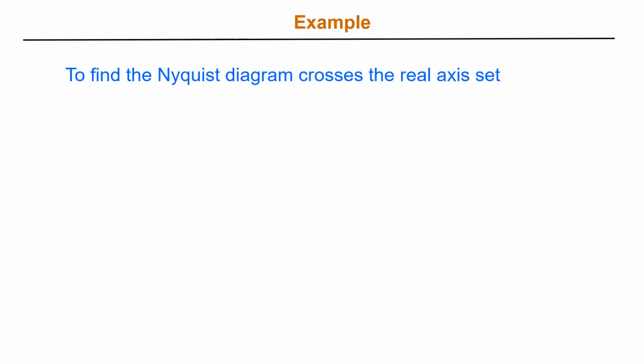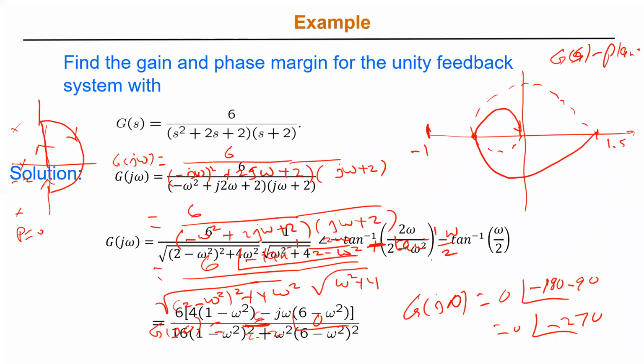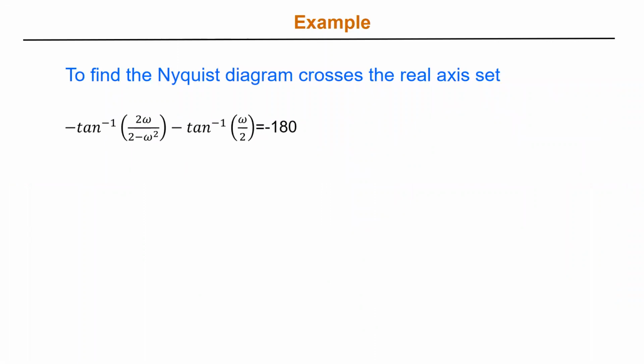Now I want to find the gain margin. So what do I do? We have to find the omega crossover. I have to set the angle to minus 180, and then we find the magnitude at this omega.